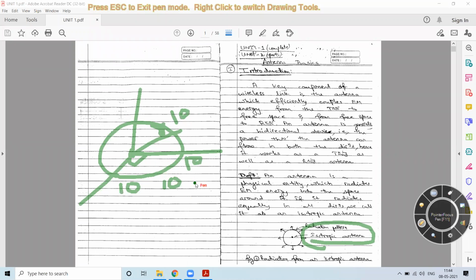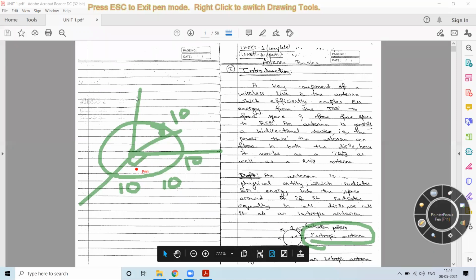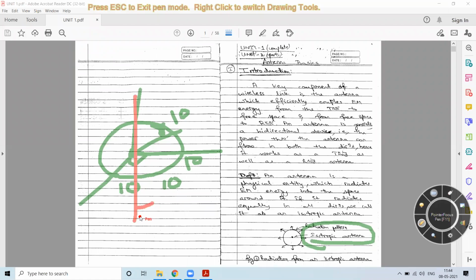Similarly, if I measure along the elevation angle, at this point I'm getting 10, at this point also 10, and so on.